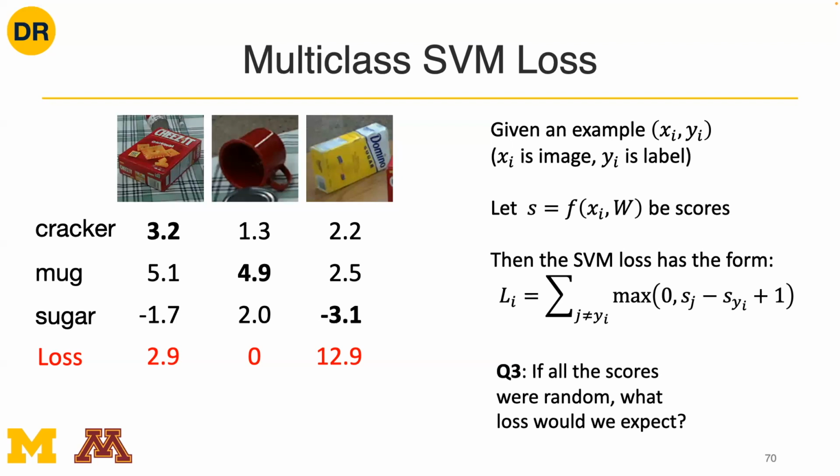So let's say for the cracker box, it's 1. Say we're trying to predict the mug as the cracker category. The mug versus cracker cancels out to 1, and the mug versus the sugar, the second term, would also cancel out. So it would be the number of classes minus 2, because we ignore the correct class.